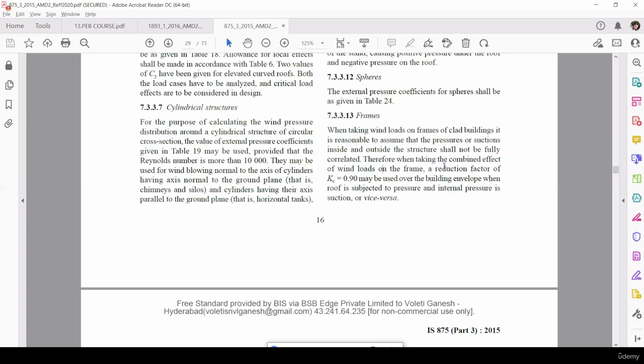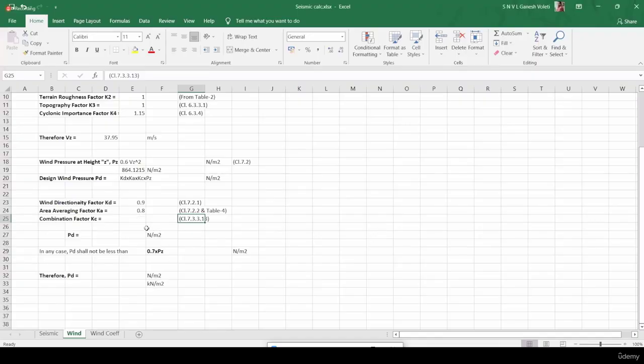So a reduction factor of 0.9 may be used for the building element when the roof is subjected to pressure and internal suction, or vice versa. In that case, we can use Kc as 0.9. I'm mentioning 0.9 here.